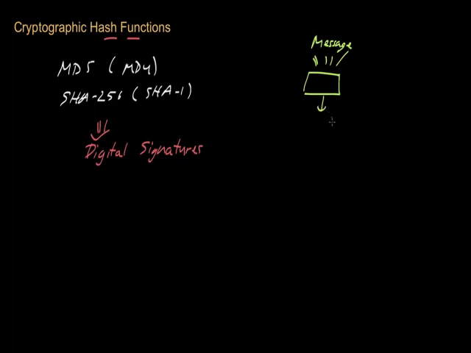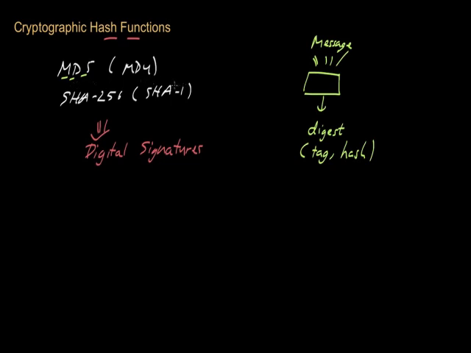We typically call this output a digest, although sometimes you will see the output referred to as a tag, a hash, or a fingerprint, but digest is the most common nomenclature. In fact, MD5, which was one of the earlier hash functions, stands for Message Digest 5. And MD4 was Message Digest 4, and so on and so forth.